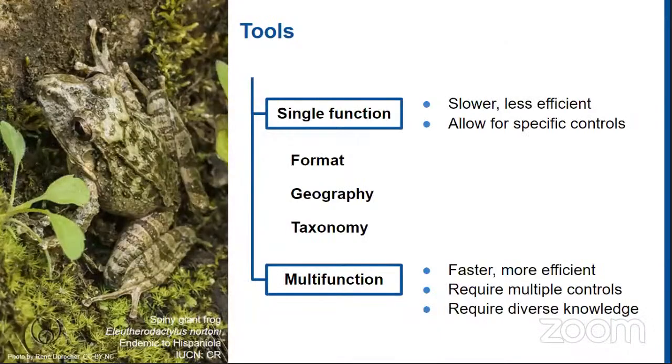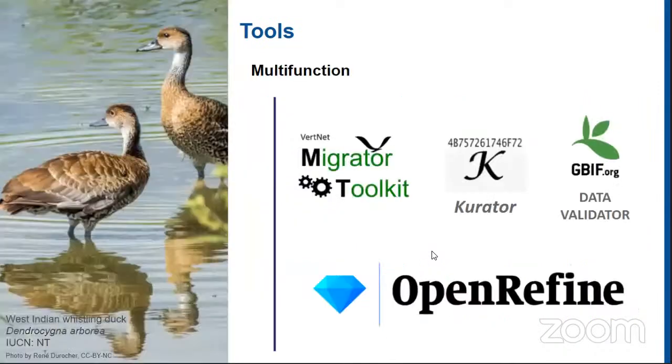So we have seen there some single function tools for different things, for format, geography, taxonomy. We're going to take a quick look at some multifunction tools, and I'm going to mention four resources here. One is the VertNet Migrator Toolkit, then the Kurator workflows, the GBIF Data Validator, and OpenRefine.